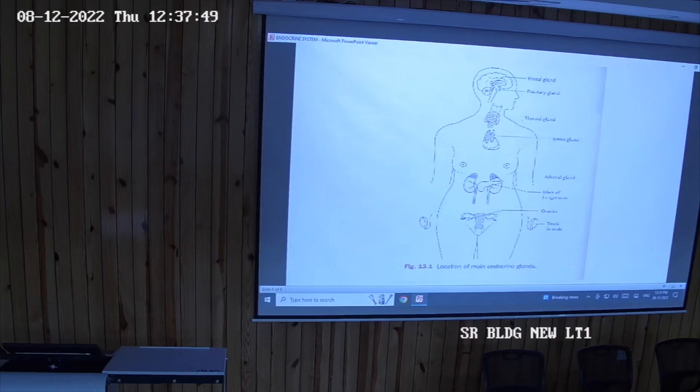And that is well developed in the childhood, so naturally it has a very important role. It collects the immature T cells from the red bone marrow and trains them how to destroy the foreign particles or the infection.